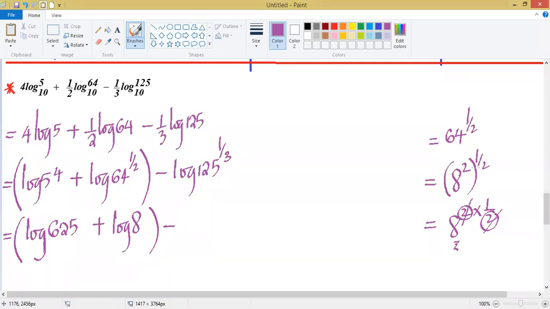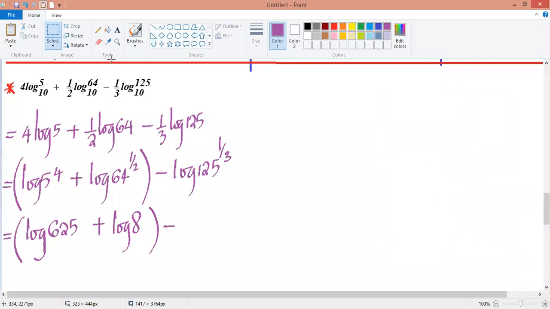What about 125 power third? I have had someone say 25.